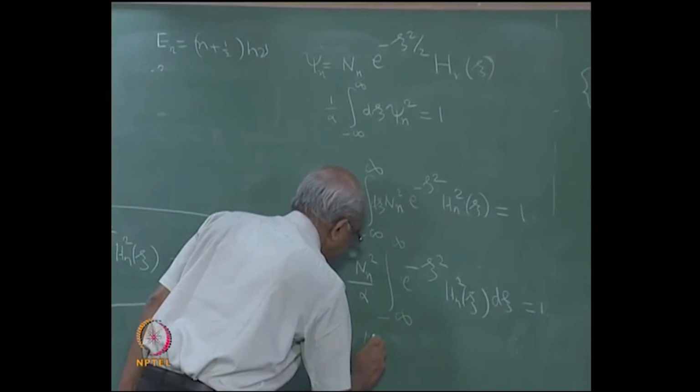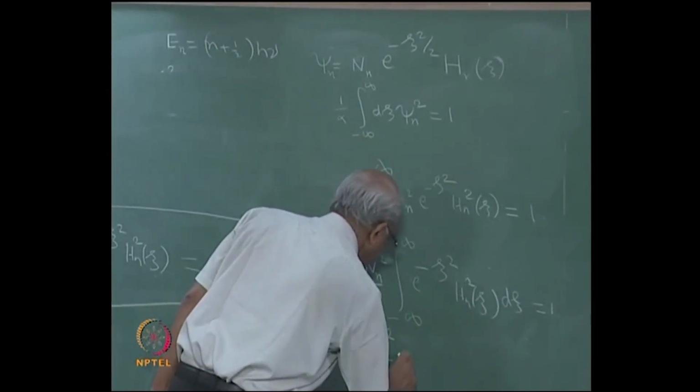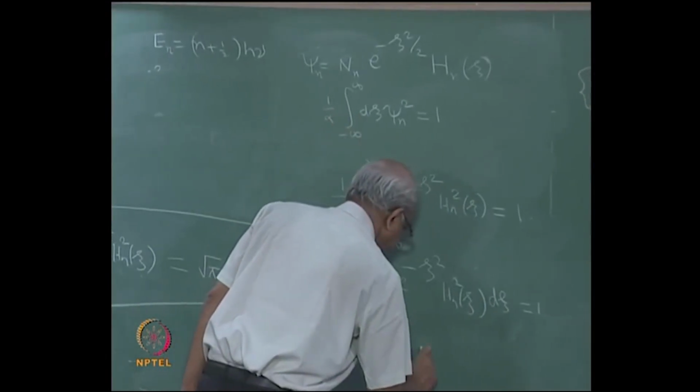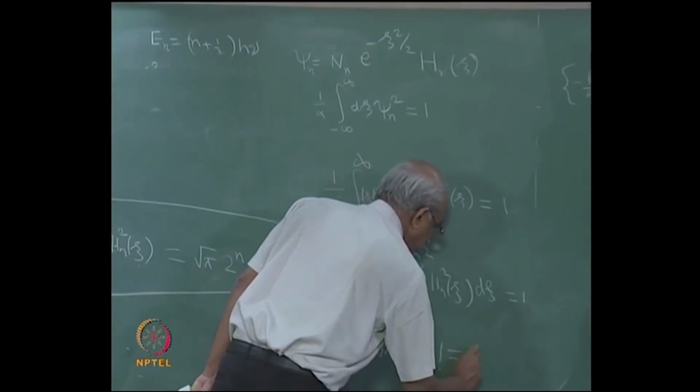So, therefore, N square by alpha times root pi 2 to the power of n factorial is equal to 1.